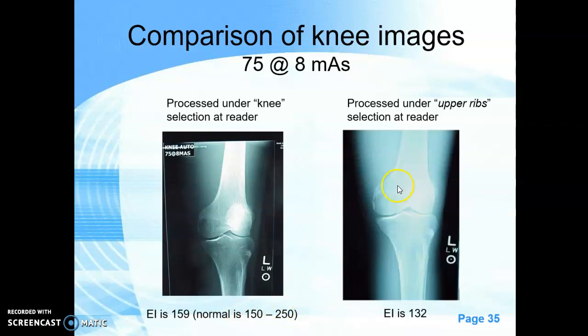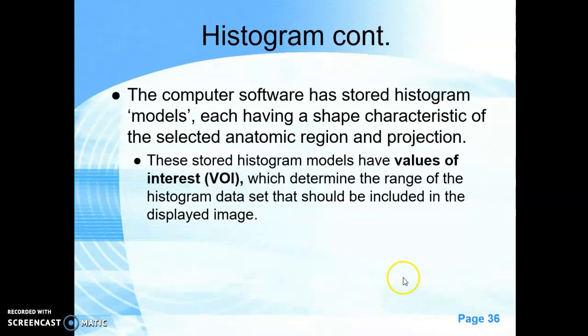However, when we processed the knee, again taken at the same technique, but processed under upper ribs, our exposure index dropped to 132. So what this is showing us is that we must select the correct body part, projection, and position whenever we go to process our images, because it will affect the exposure index, which is linked to the histogram.